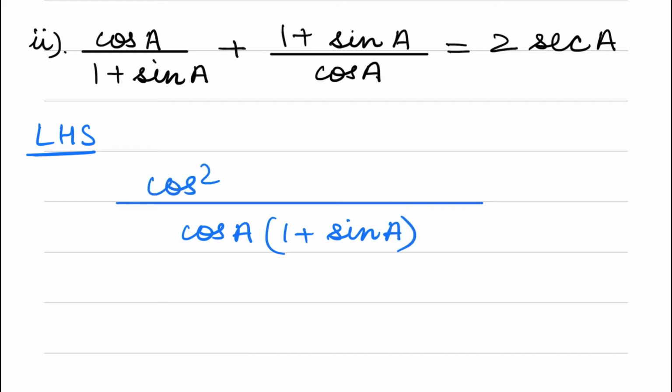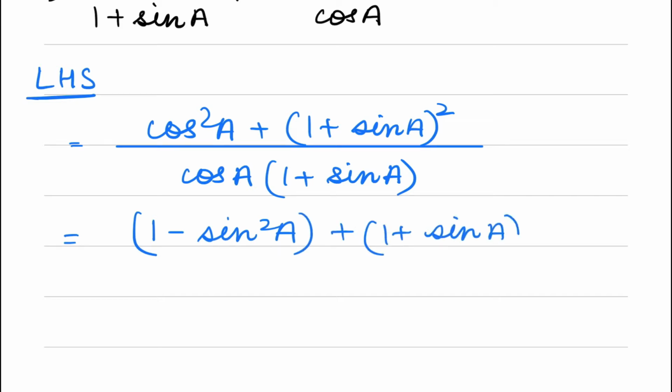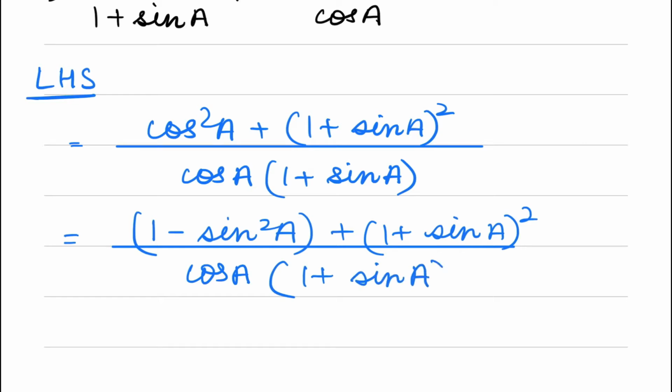Here we get cos square A plus (1 plus sin A) whole square. Now cos square A I can write down as 1 minus sin square A, plus (1 plus sin A) whole square, divided by cos A into (1 plus sin A).